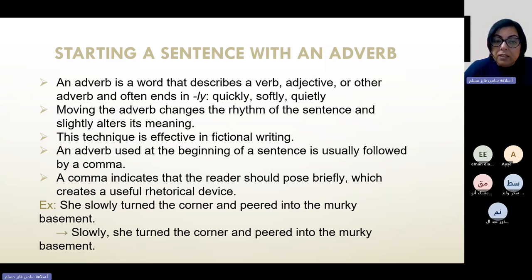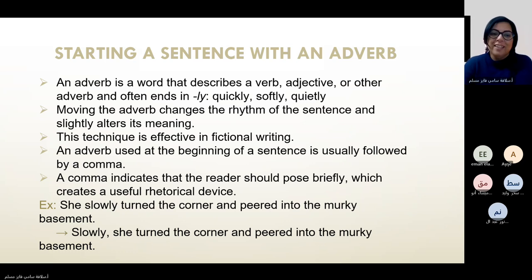Starting a sentence with an adverb is used most effectively in fictional writing. True or false? True. Exactly.